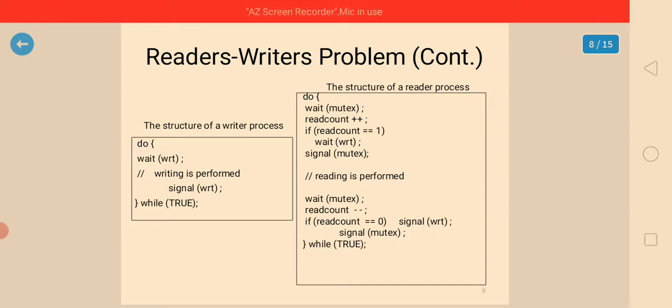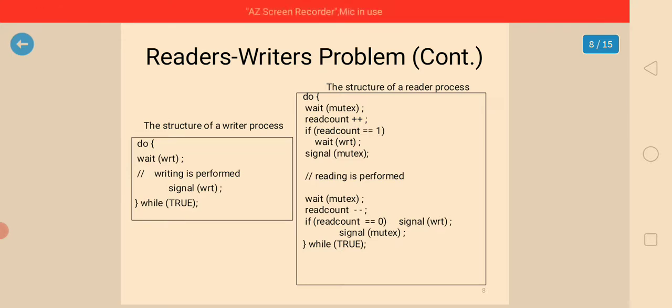The structure of the writer process: do, wait(wrt), writing is performed, signal(wrt), close the do while true.